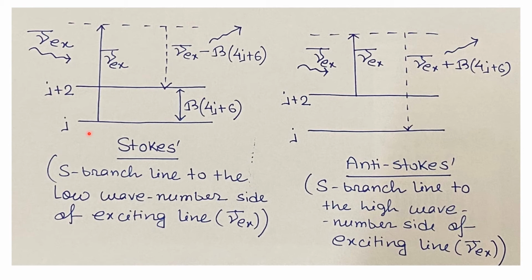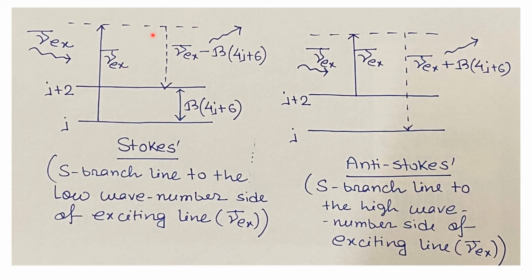The rotational quantum number J will give the lower energy level and rotational quantum number J plus 2 will give the higher energy level. Now, the incident radiation on that diatomic molecule system has the wave number nu Ex bar. So, the molecules at the energy level having rotational quantum number J will be excited to a virtual energy level having the energy nu Ex bar.